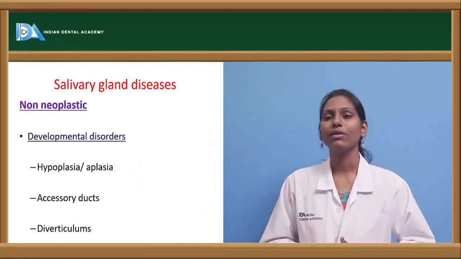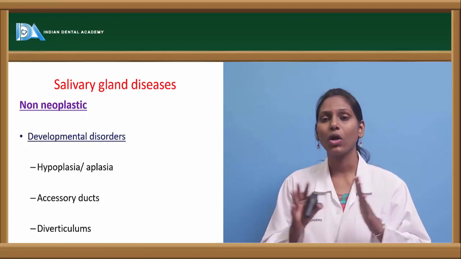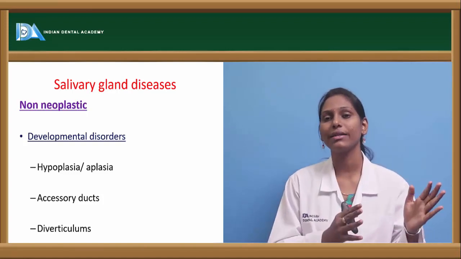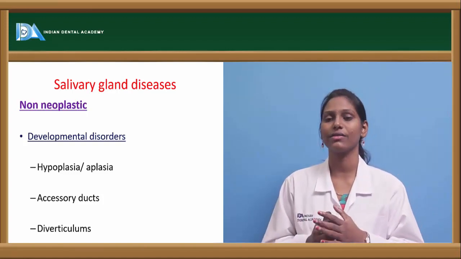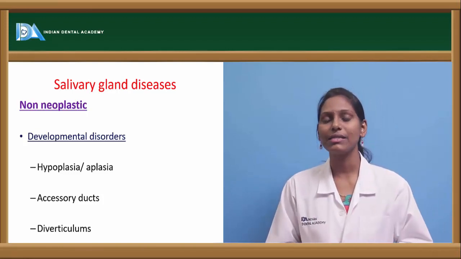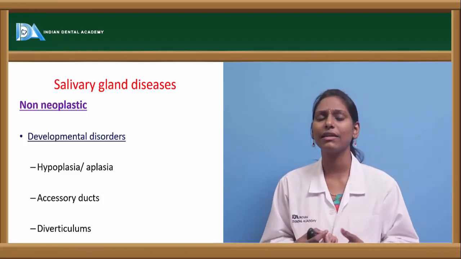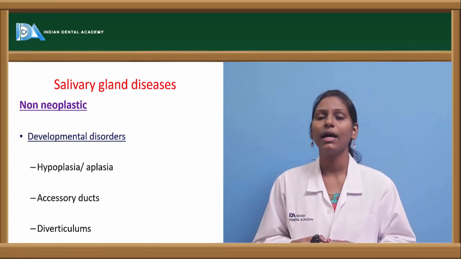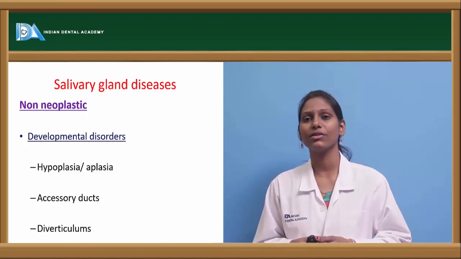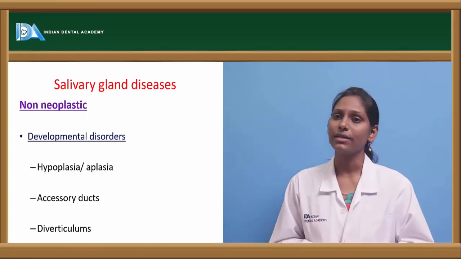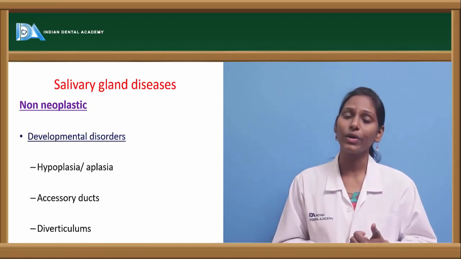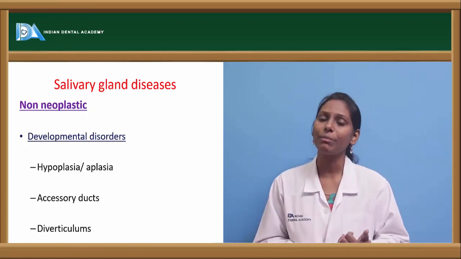When you're talking about these salivary gland diseases, they can be broadly classified as neoplastic conditions and non-neoplastic conditions. In non-neoplastic conditions, the first thing that we talk about are developmental disorders. One developmental disorder that occurs in salivary glands is hypoplasia or aplasia.